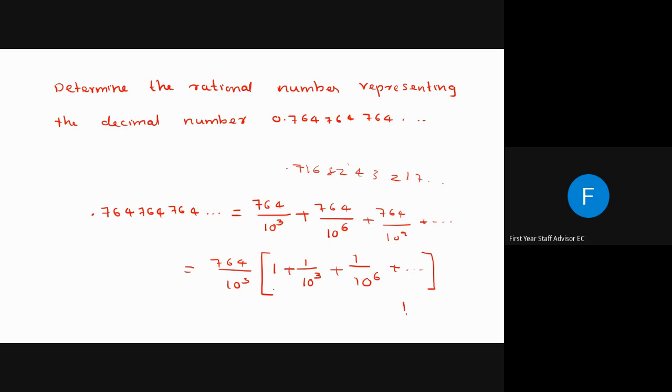This is a GP. Here R is 1 by 10 raised to 3 divided by 1, that means 1 by 10 raised to 3. R is less than 1, so it converges by the theorem.